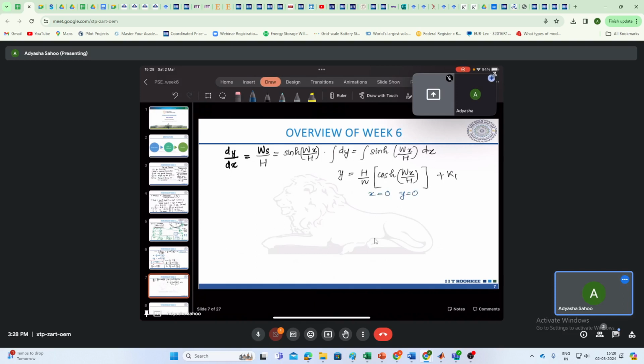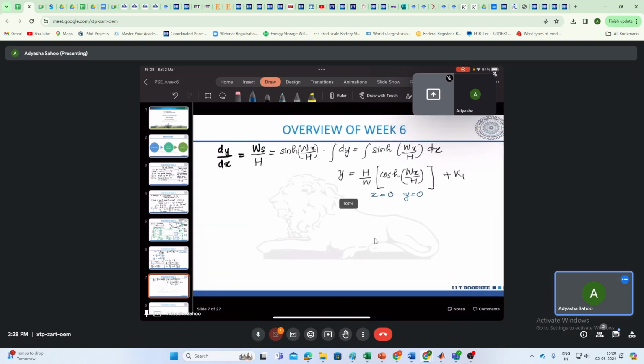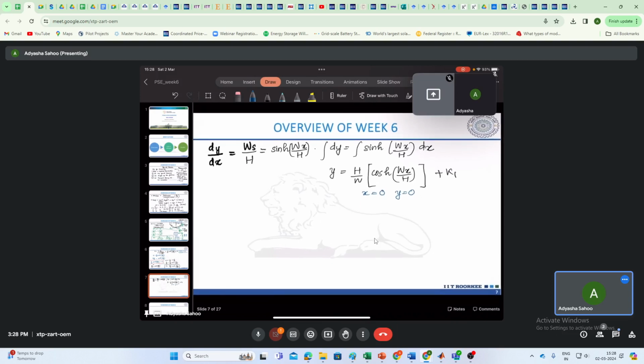So from here, cos will be 1 basically, so k1 will be minus h by w. So this will give our final equation: y is h by w times cos hyperbolic of wx by h minus 1.